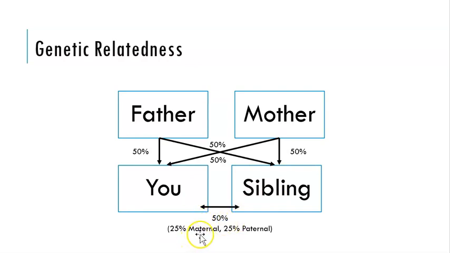That's because 25% is going to be the same from your mom, and 25% is going to be the same from your dad. So you and a sibling will have 50%, you and dad 50%, you and mom 50%. That's just how that works.